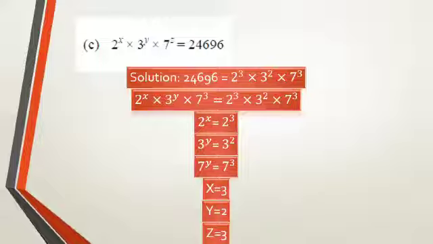Then we are going to equate: 2 power x into 3 power y into 7 power z is equal to 2 cube into 3 square into 7 cube. Then we can see that 2 power x equals 2 cube, 3 power y equals 3 square and 7 power z equals 7 cube. Then we can write x equals 3, y equals 2 and z equals 3, because all the bases are equal. Then we can write down in this manner.